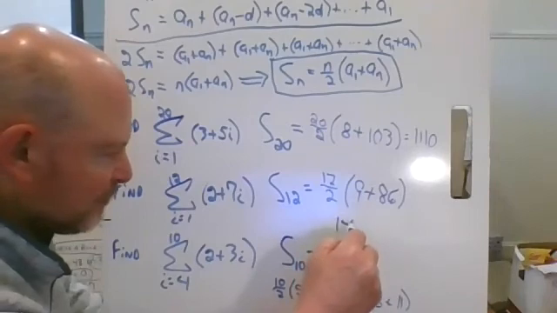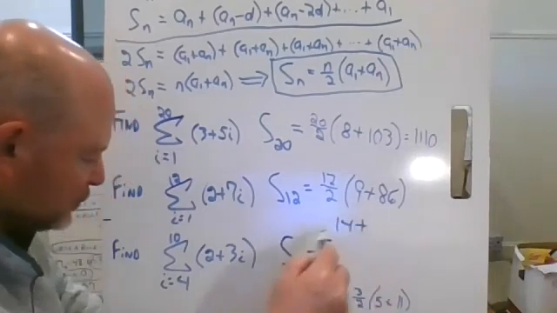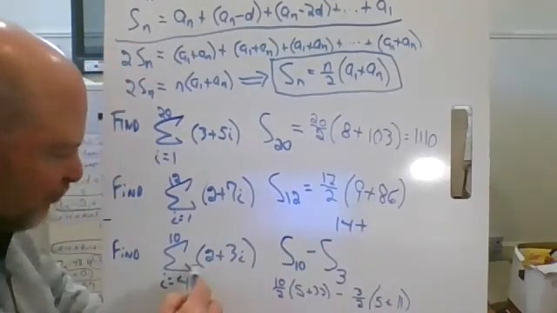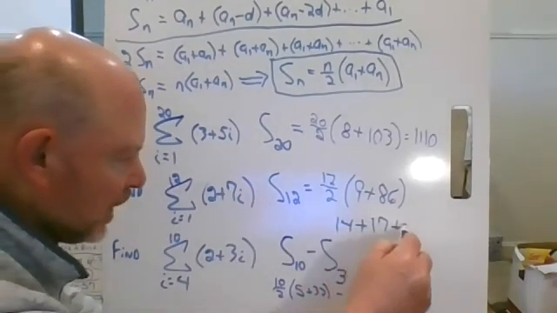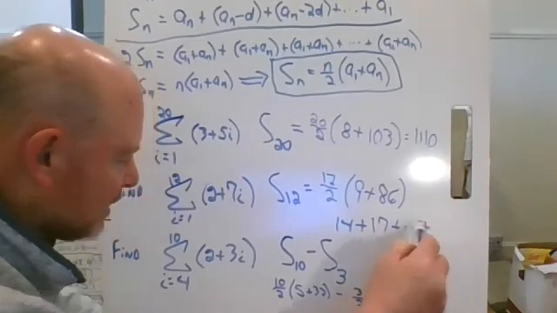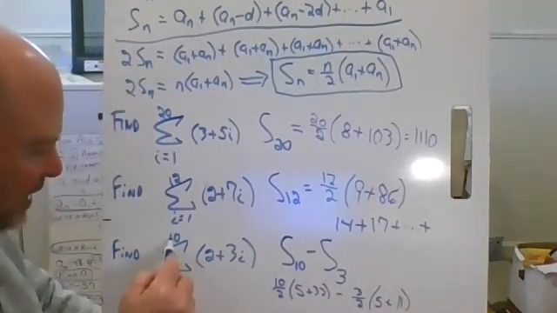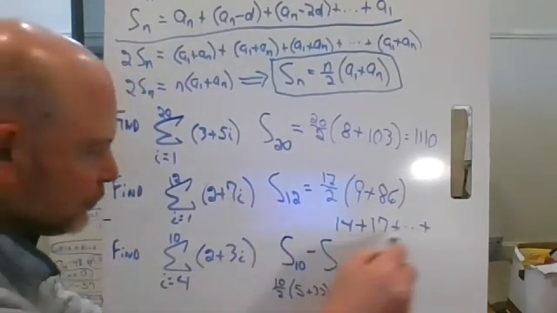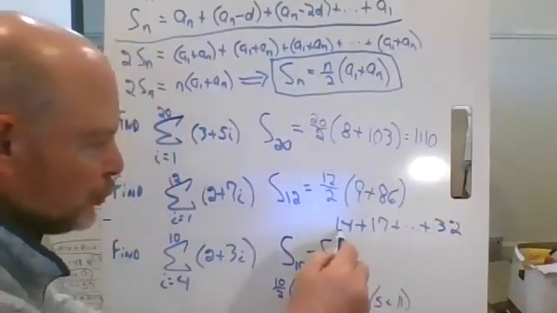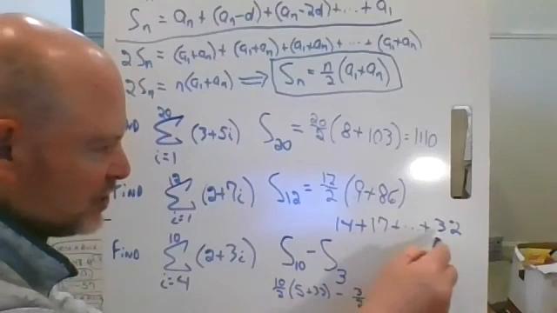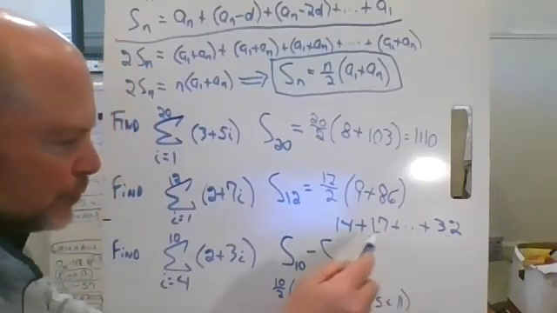And you would have 14 plus, then i equals 5 would be 17, plus dot, dot, dot, plus i equals 10 would be 32. You would be adding from 14 to 32.